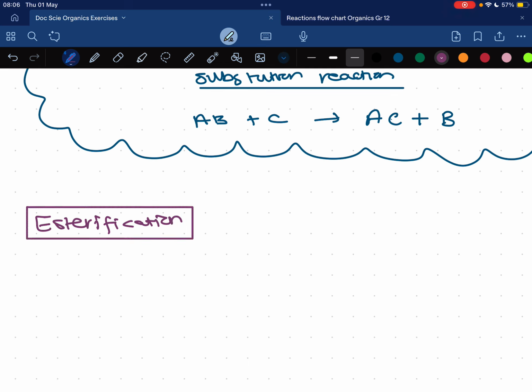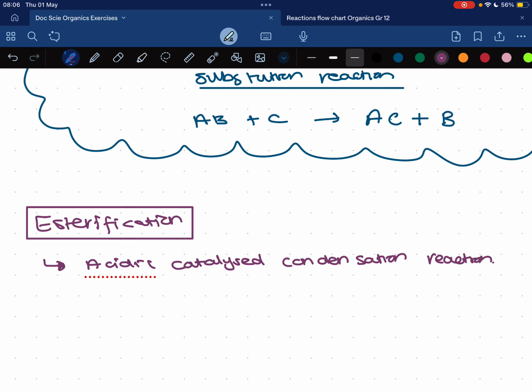So esterification is essentially when we are producing an ester. If you can remember, an ester is a product of a carboxylic acid and an alcohol. Okay, so it's an acid catalyzed condensation reaction.